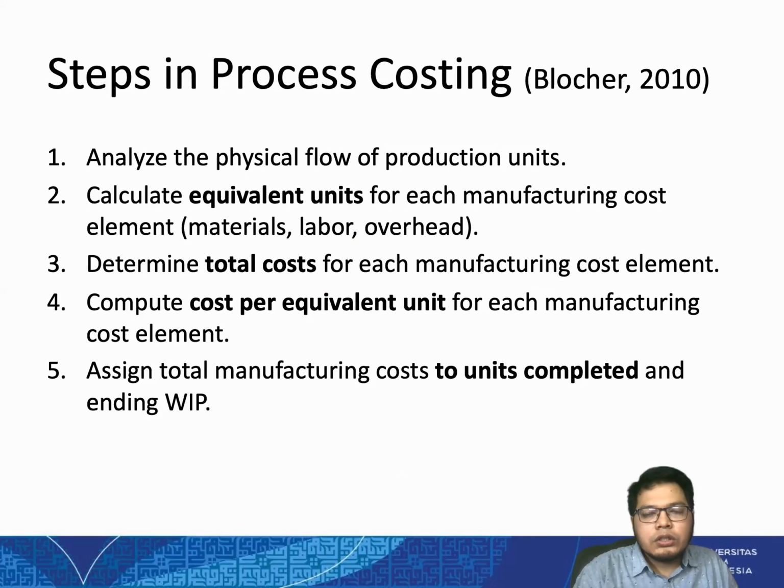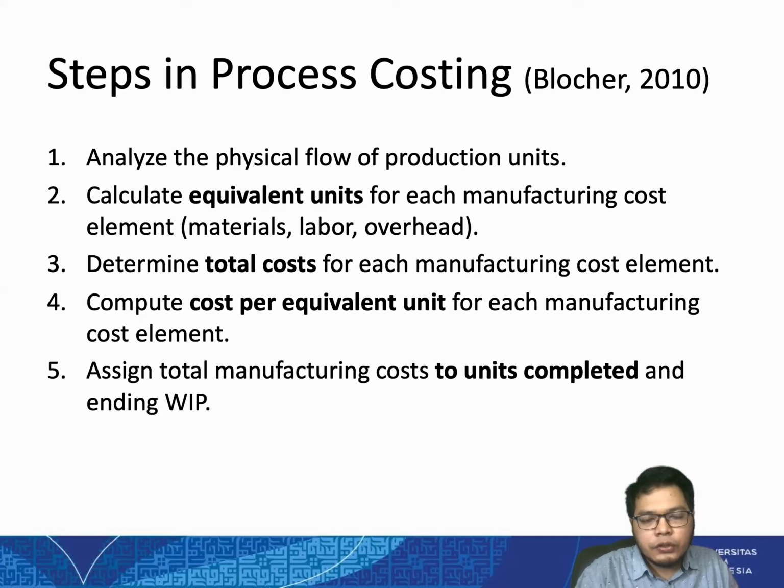Okay, the steps in process costing. First, analyze the physical flow of production units. Then we calculate equivalent units for each manufacturing cost element, which is the equivalent unit for material, labor, and overhead. Determine the total cost for each manufacturing cost element, and then compute the cost per equivalent unit for each element.